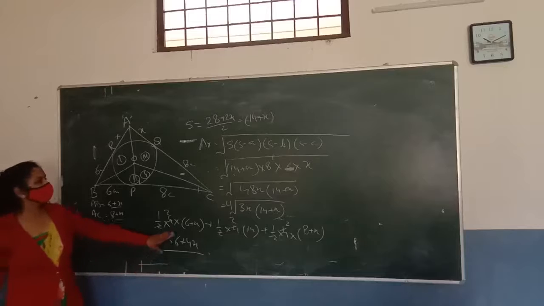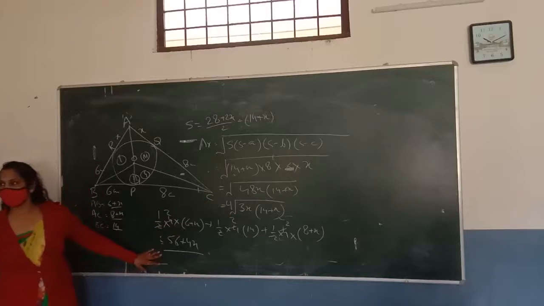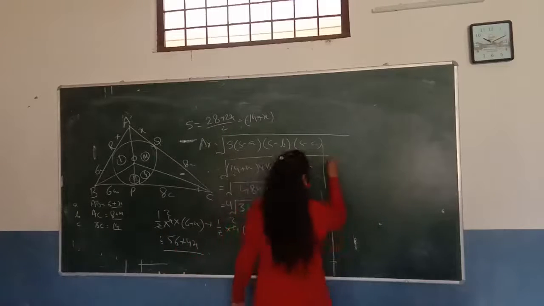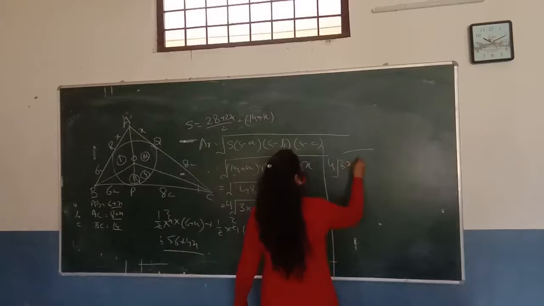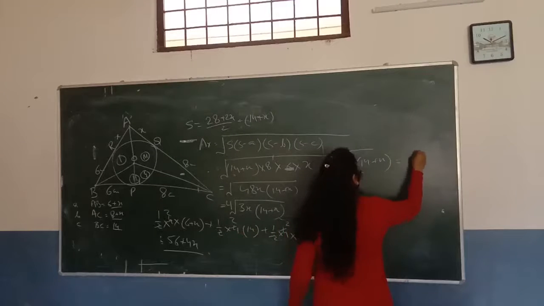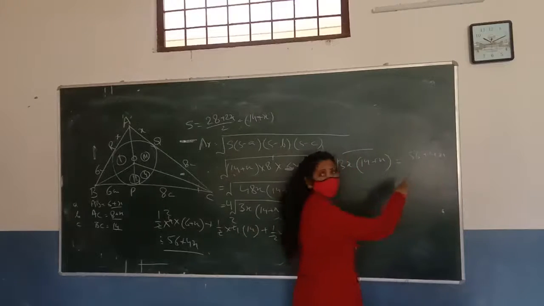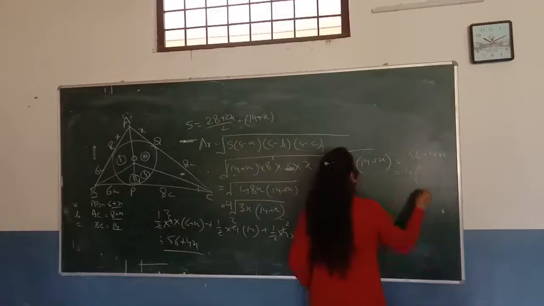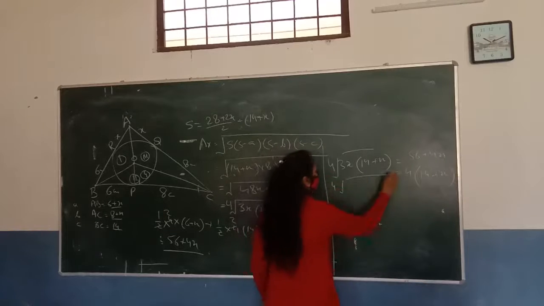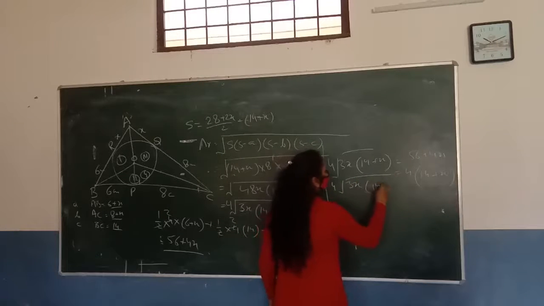Now we know that these both are the area of the triangle. So we will equate both these equations. That is 4 under root 3x into 14 plus x is equal to 28 plus 4x. We can take 4 as a common. So that we can cancel out 4 with this 4. 14 plus x. So these 4 will cancel out.